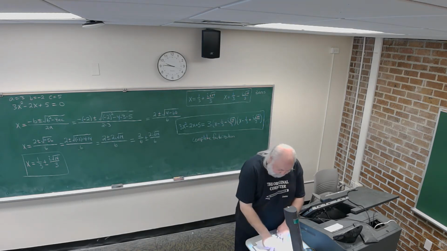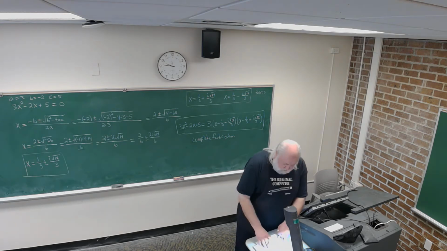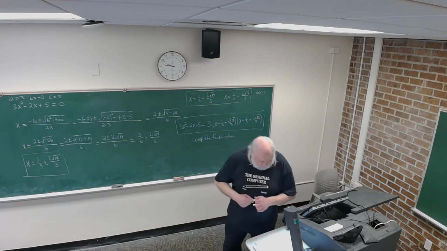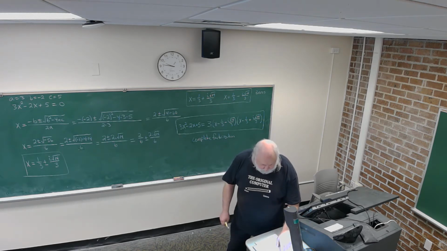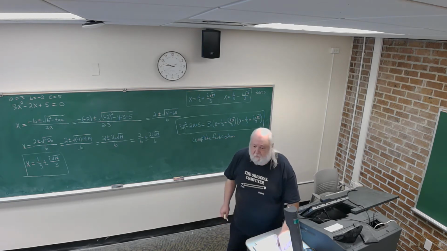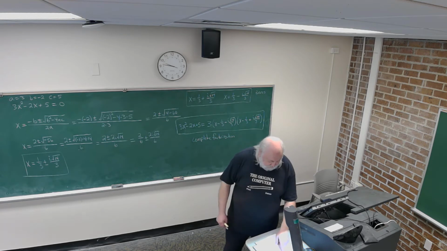If a plus bi is a complex zero of the function, then its conjugate a minus bi is also a zero of the function. So the conjugate zeros theorem says, when we're dealing with polynomial functions with real numbers for coefficients, the complex zeros come in pairs. If you know one complex zero, you automatically know the other complex zero. Okay? They come in pairs. They're conjugates of each other.